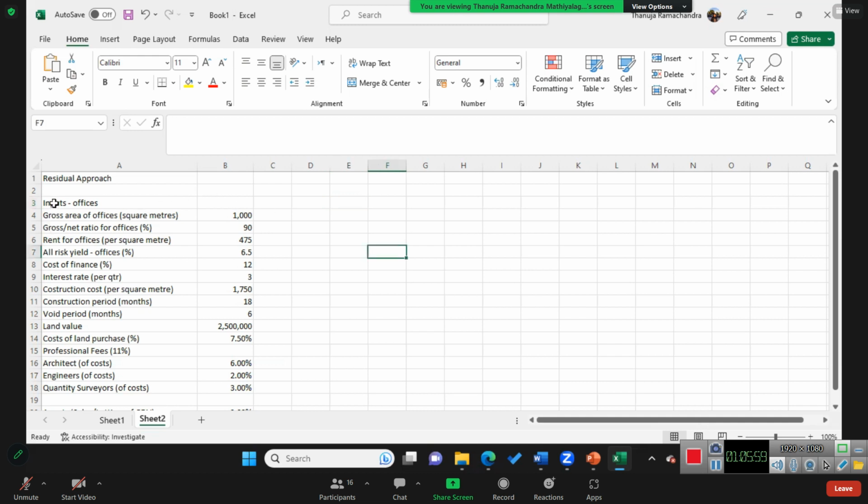So here the inputs are given, basically the data. Gross area of offices is 1,000, and the gross to net ratio is 90%. Means net floor area is 90%, gross floor area is 100%.